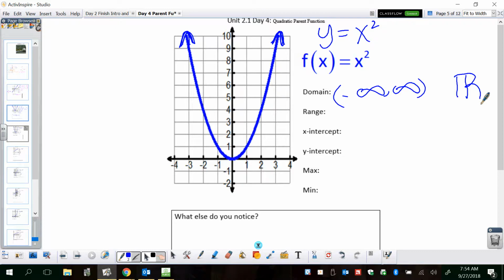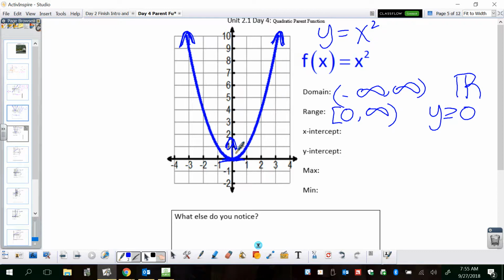Now, what about the range? It's 0 to infinity, with a bracket then a parentheses. That's just saying y is greater than or equal to 0, because everything from here and up is the range.